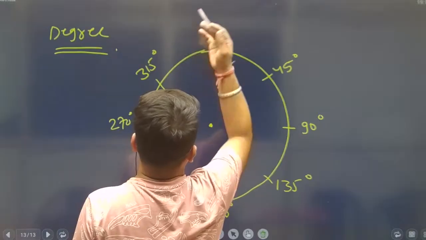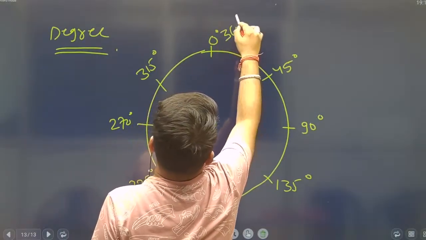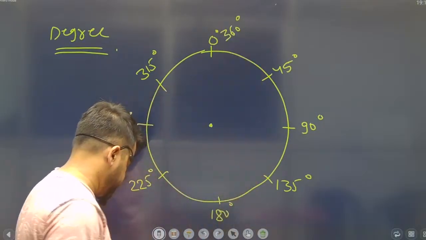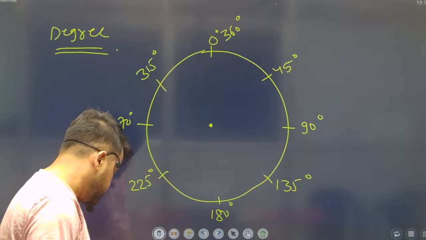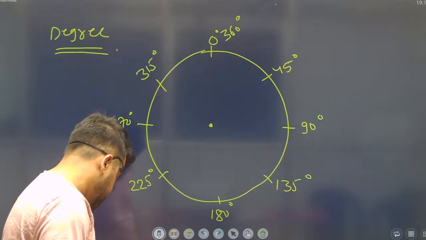And here our complete angle becomes 360 degrees. Getting my point, guys?